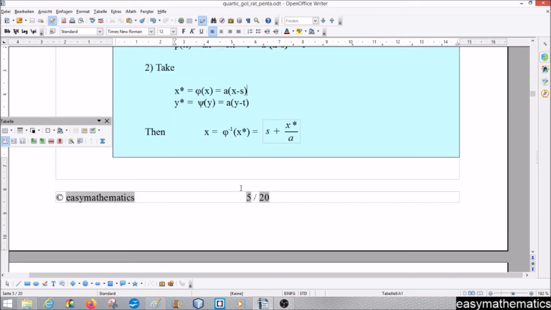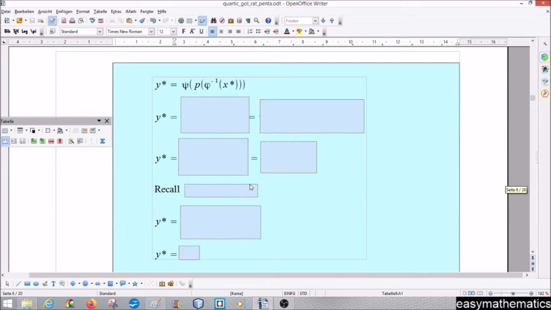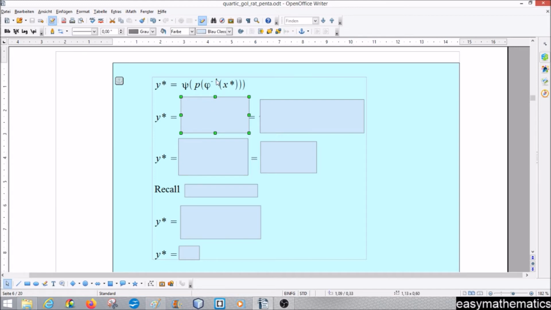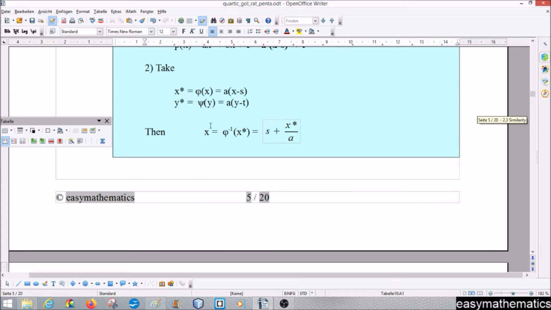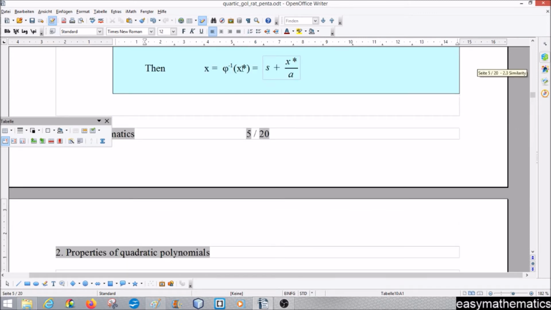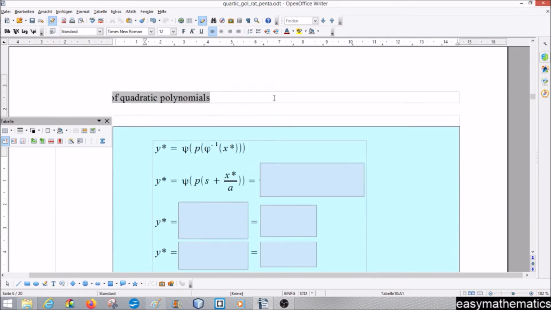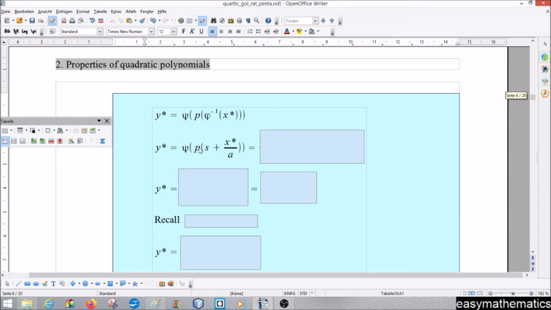Okay, and now we have to be careful. So the first step is we take phi inverse of x star. Remember, phi inverse of x star is s plus x star over a. We put it in p. Alright?